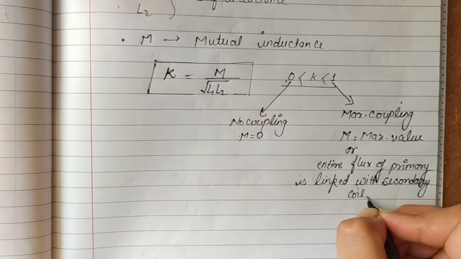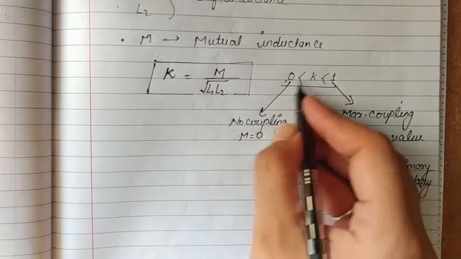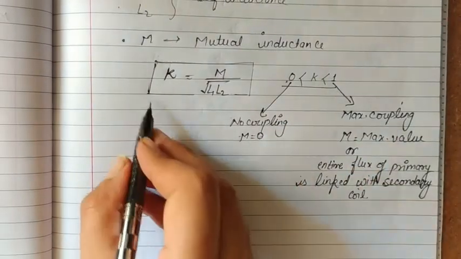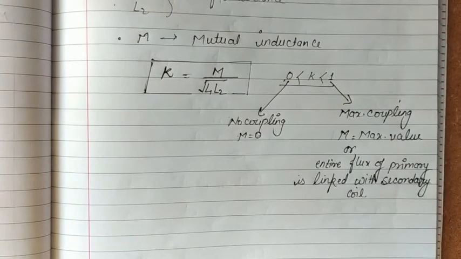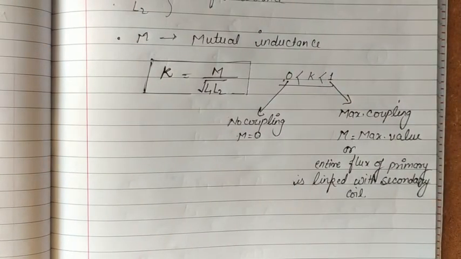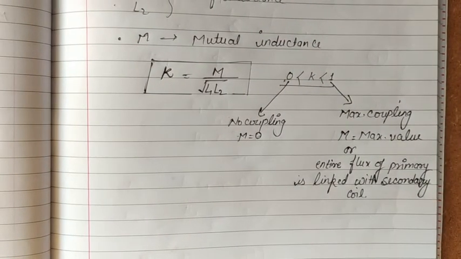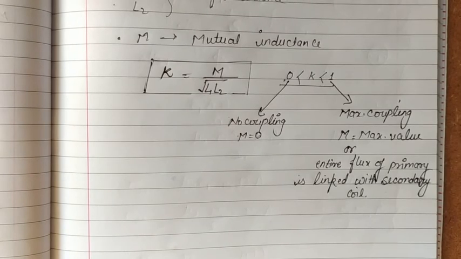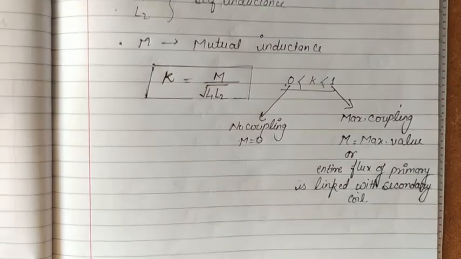So K equal to 0 means no coupling and K equal to 1 means maximum coupling. The value of K is M upon under root L1 into L2. So K is maximum for the coupling and minimum for the coils that are not coupled. Okay, so this was the coefficient of coupling.